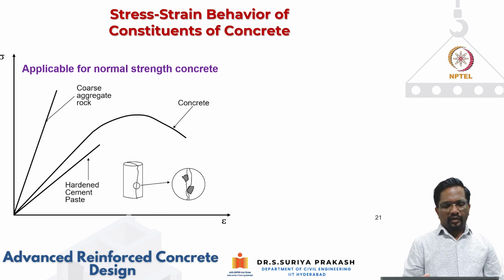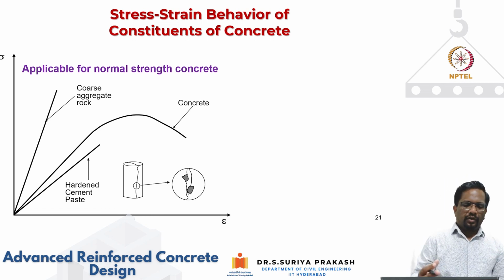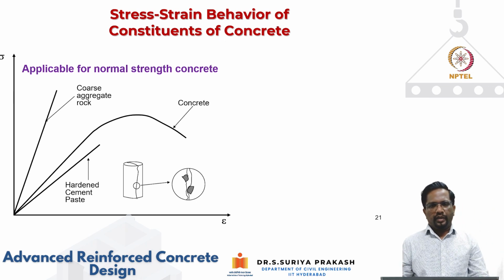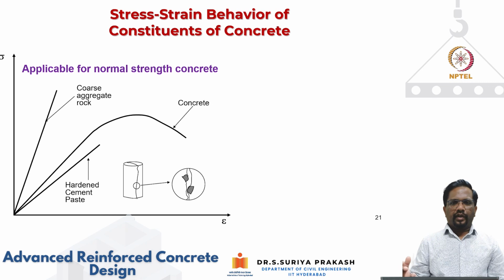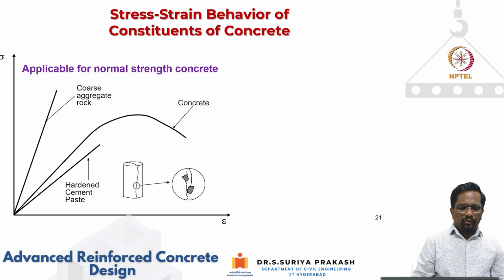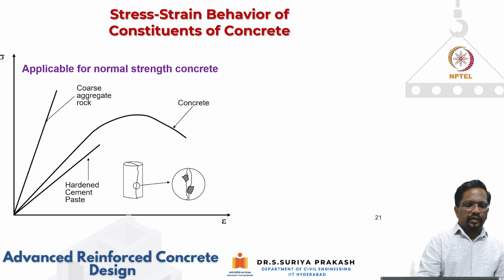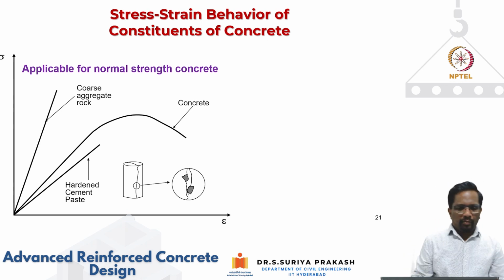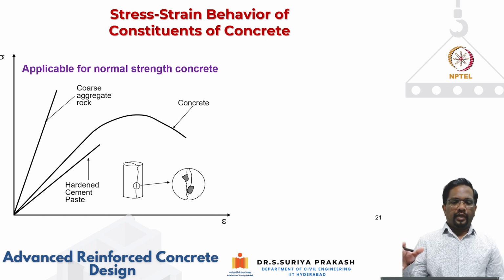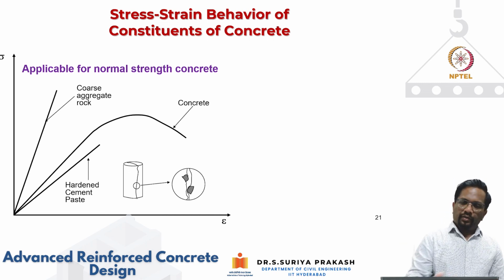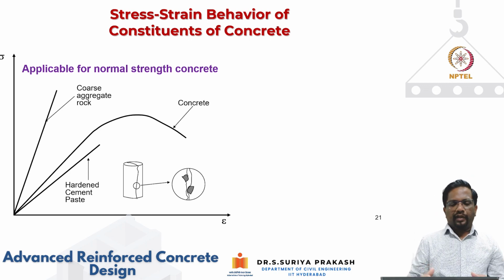We have explained that concrete has cement, water, and aggregates, coarse aggregate and fine aggregate. They're all combined together, along with some mineral admixtures if required. If you look at the stress strain curve characteristics of hardened cement paste, which includes cement, water, and fine aggregate, and the coarse aggregate, we see that for a normal strength concrete, usually the hardened cement paste is less stiff and weaker than your coarse aggregate, because the aggregates are stiffer and stronger than your hardened cement paste.